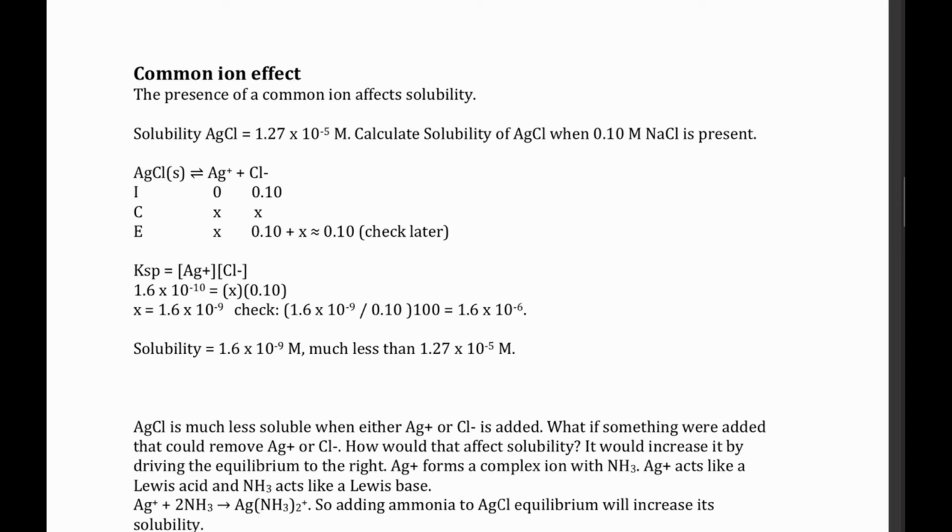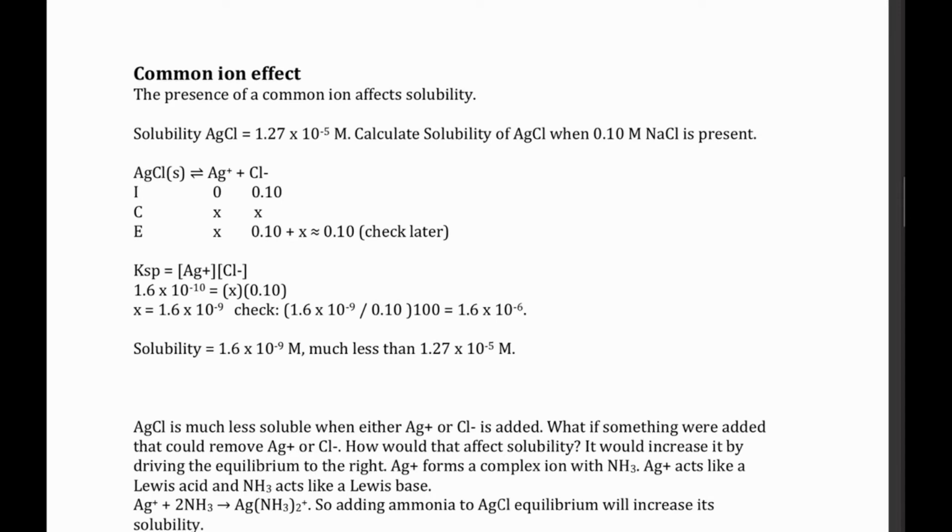So we write out our solubility reaction. We put in our initial concentrations, 0 for silver ions, 0.10 for the chloride ions. The change is x for both. And we then have our values at equilibrium. We write out our equilibrium expression.